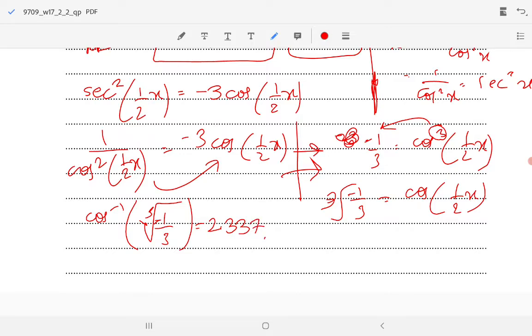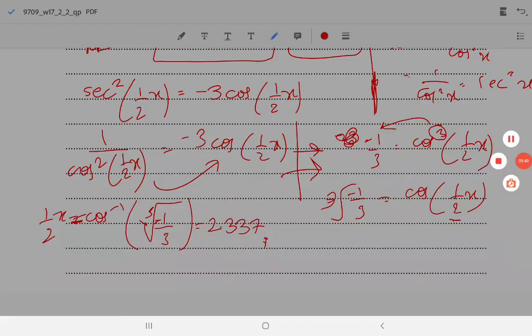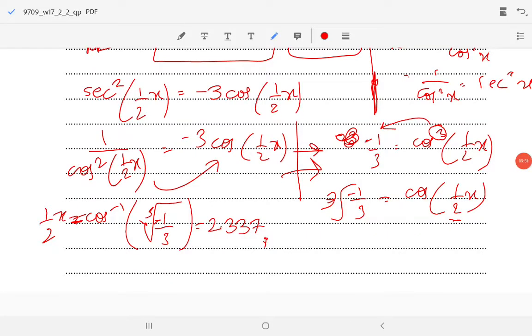Let's take 2 values, guys, because the values will be multiplied by 2, remember, because this value is just equivalent to half x. It's 2.57, or to find the other value, we can just use the cos curve, which is this.